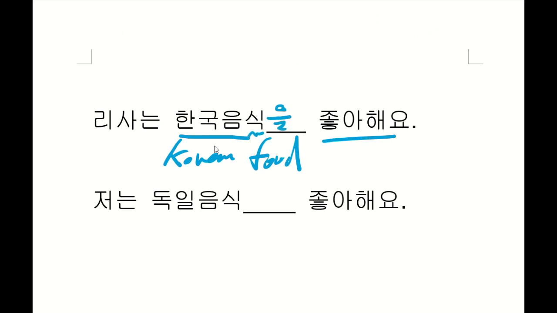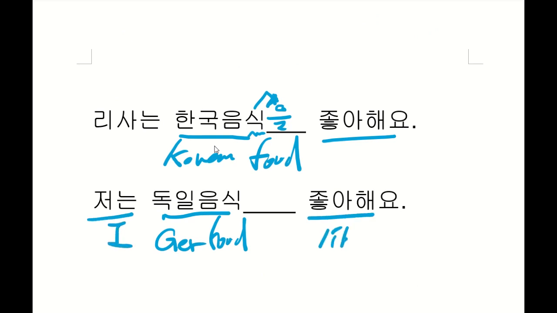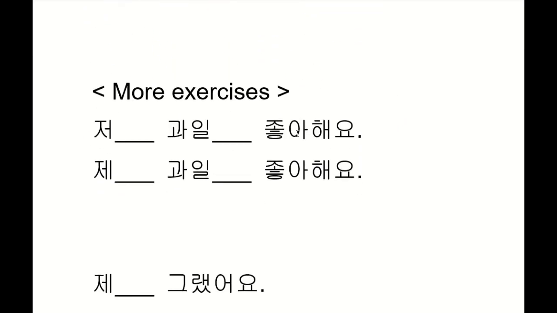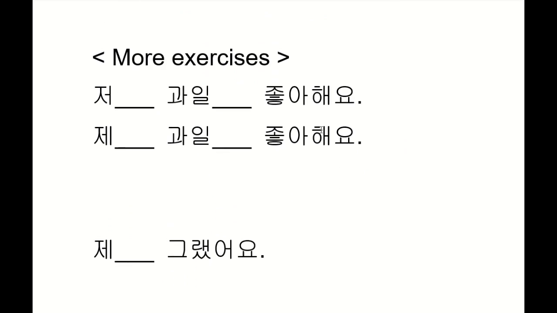Because it ends with a consonant here, right? So 을. And 독일 음식, German food. I like 좋아해요. German food 음식을 좋아해요. Okay. 를 object marking particle.